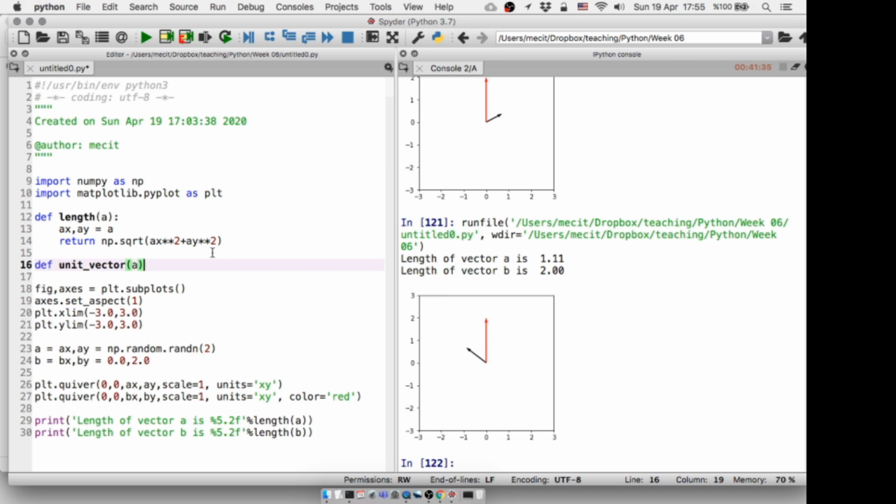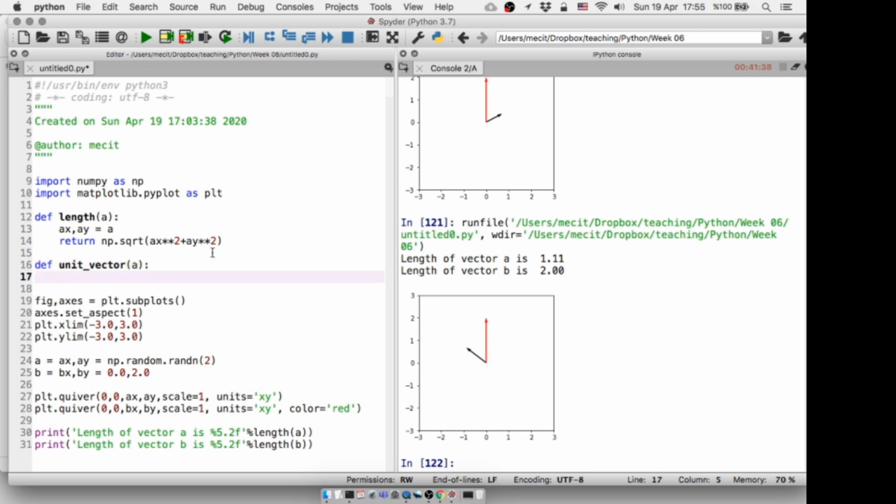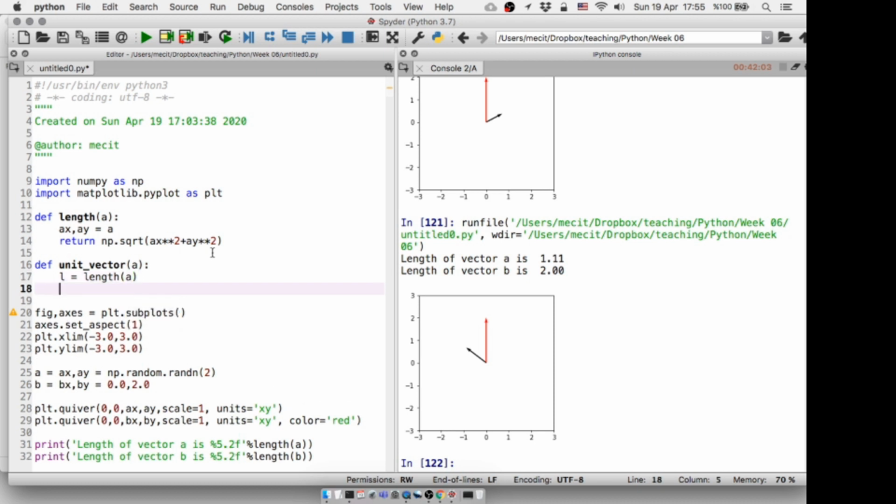So this function will return a unit vector along some given vector A. In order to do that, I must divide the components of vector A by its length. So I have already defined my length function, so I can get my length with this one.